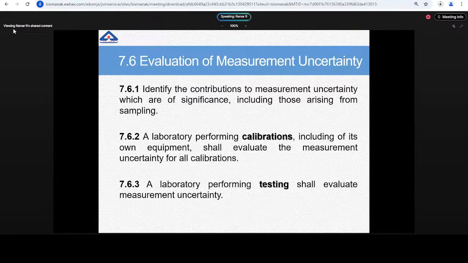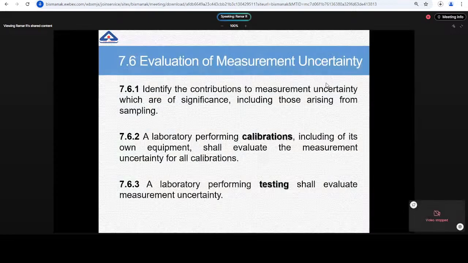After you have classified, you have to determine each and every contributing component, how much uncertainty is contributing, that will be estimated. In the case of repeatability, type A, the major contribution is the standard deviation of your repeatability. It is the standard deviation divided by the square root of the number of trials, that is the type A uncertainty component.